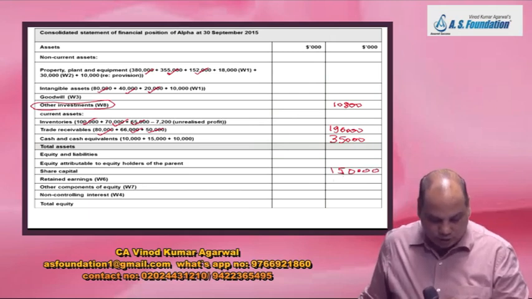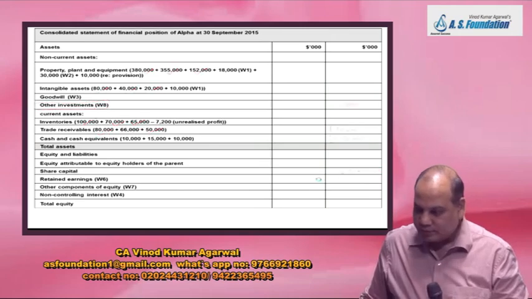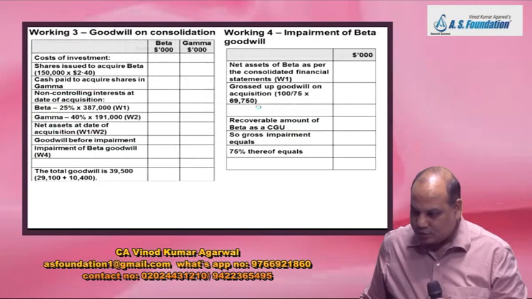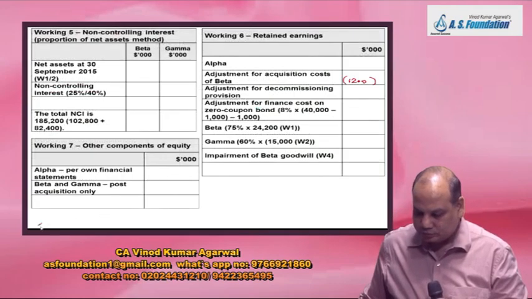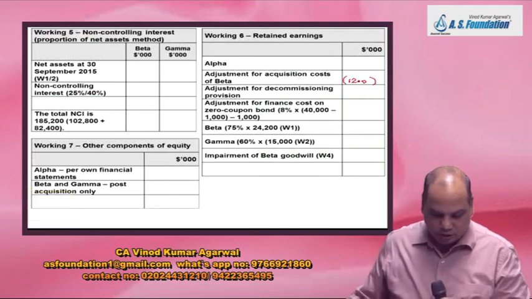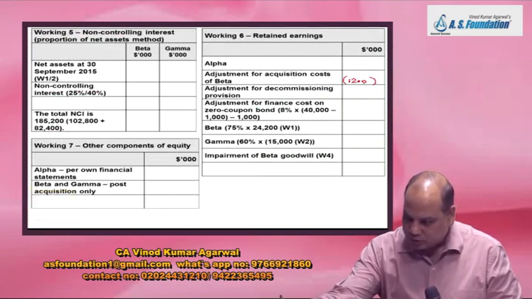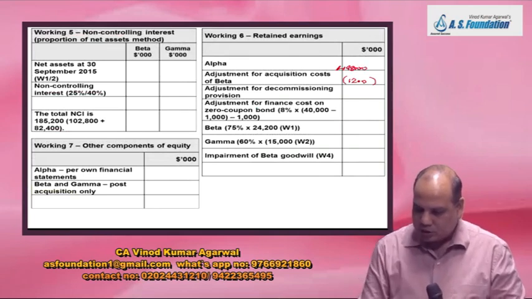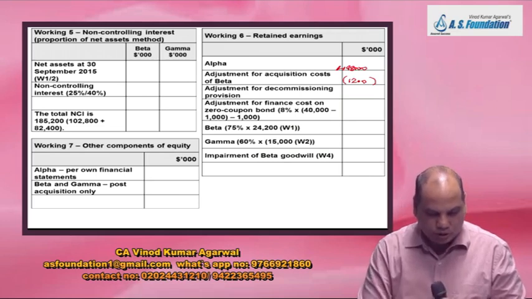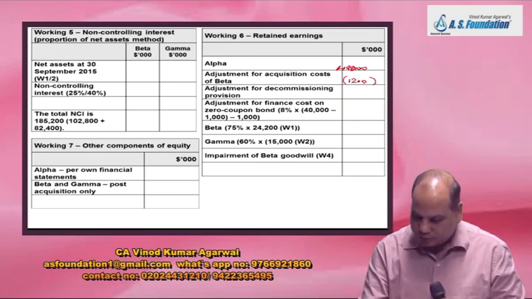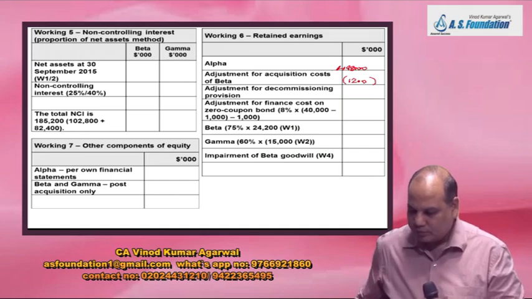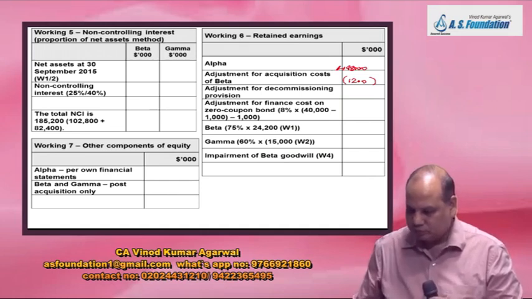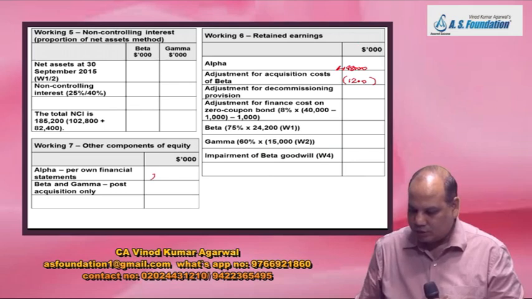Then what about the retained earning of the parent? Come to working note 6. Retained earning 4,98,000. And other component of equity, working note 7, 2,95,000.